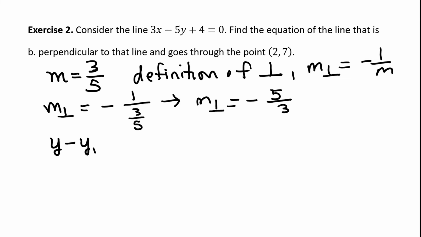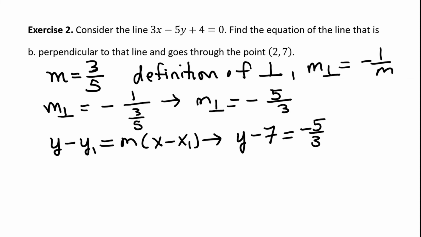Now we have a slope and a point, so we can use the point-slope form of the equation. y minus y1 is equal to m times x minus x1. Let's substitute in the values. y minus 7 is equal to the slope, which we know is negative 5/3, multiplied to the quantity x minus the x-coordinate, which is 2.